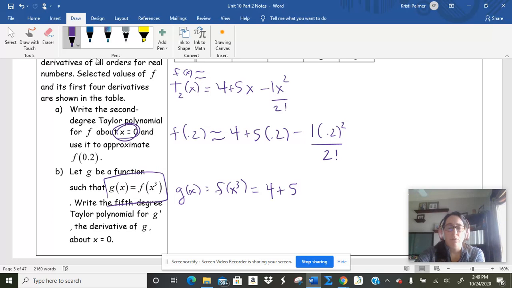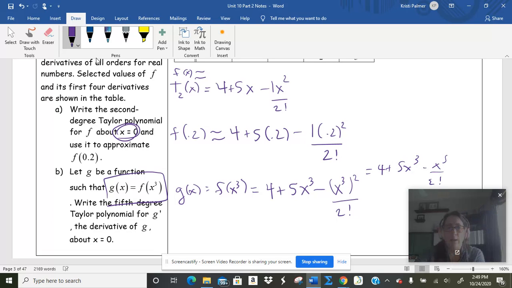So if I want f to the third, I'm doing a substitution to plug in x to the third to these values. So x to the third squared. And holy moly, look, this is already now to the fifth degree. And it wanted me to go to that fifth degree.